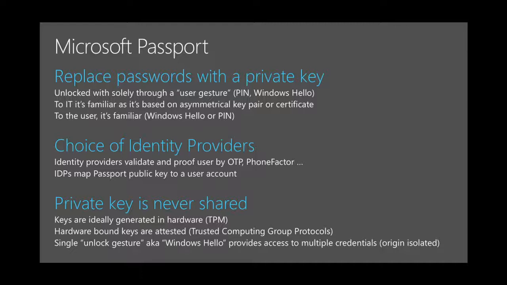The user will only have one PIN on a mobile device, or one password, or one Hello motion to unlock the device and be able to log into a service. We are not creating a situation whereby a user will have to use two PINs, one for corporate and one for personal, right? The device is unlocked, the user gets access. The user can have multiple identities on the device, a personal MSA, for example, and a corporate Azure Active Directory identity.